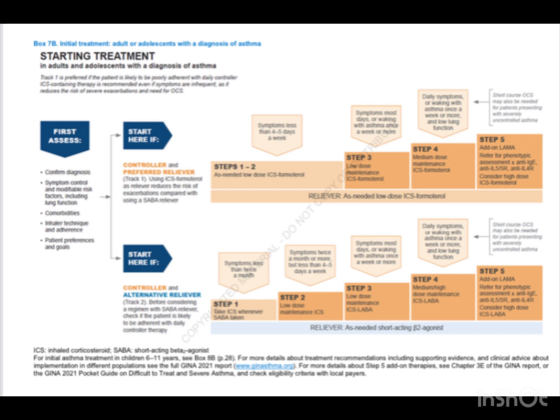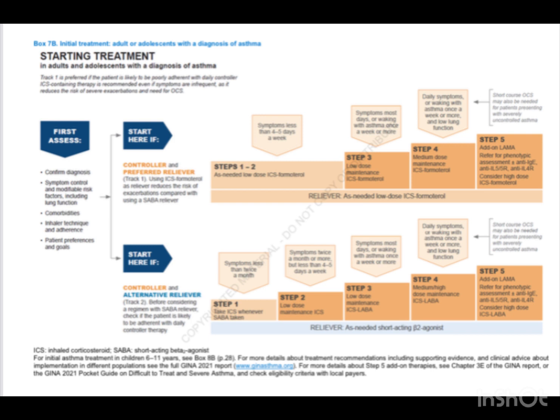Step 1 is more like mild persistent asthma, while step 4 is given in case of moderate persistent asthma. While in case of severe asthma, a short course of oral corticosteroids may also be needed for patients presenting with severely uncontrolled asthma.